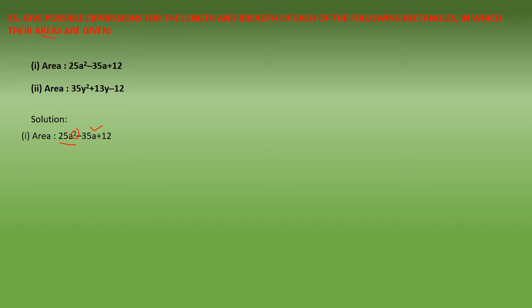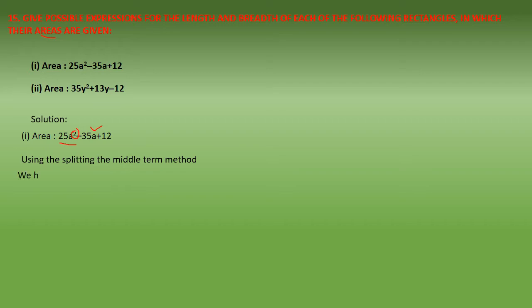In exercise 4.2, we already solved the factorization of quadratic polynomials, so we will apply a similar method here. We will split the middle term and we'll get the answer. So we are choosing the splitting of middle term method here.